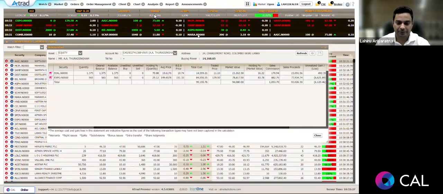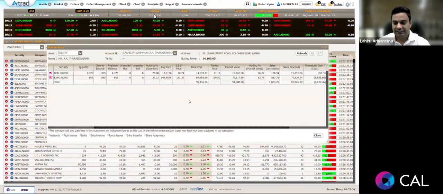Most of the time when we buy a stock, we need to know what price we should exit at to break even. So your BES price will tell you, for instance here, my Dialog, the average price at which I have bought the stock is 10.61, and at any price above 10 rupees and 74 cents, I will be making money.